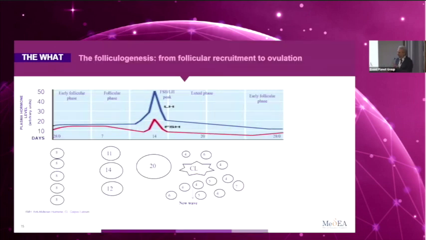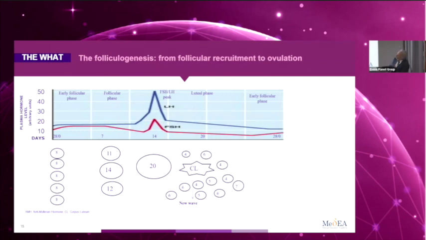This is very important because, let me tell you, this is what I was talking about this morning. Let me tell you what happened, for instance, in a young patient. In a young patient, we have in the early follicular phase, perfectly aligned follicles deriving from 90 days selection in the previous months.